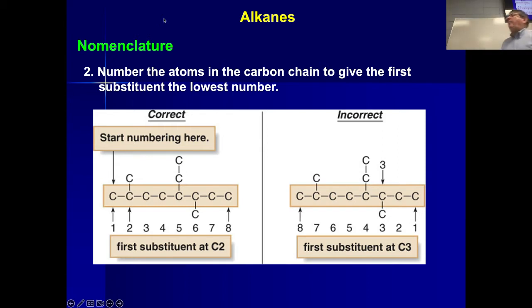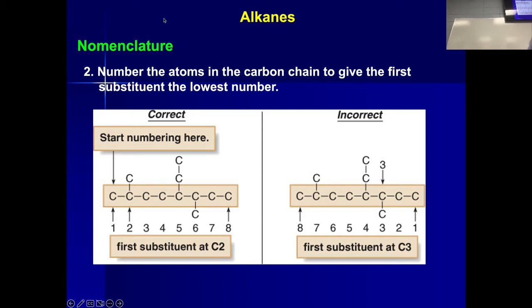So you're going to number your longest chain in a way that gives the first substituent that you come to the lowest number. Okay? So if I started numbering from left to right, 1, 2, 3, 4, 5, 6, 7, 8, that means I would have a substituent on carbon number 2, a substituent on carbon number 5, and a substituent on carbon number 6, right?